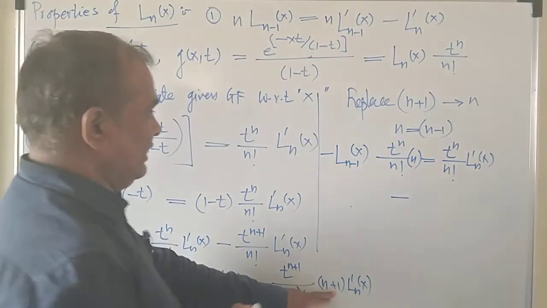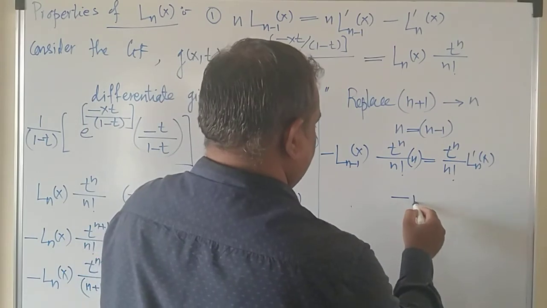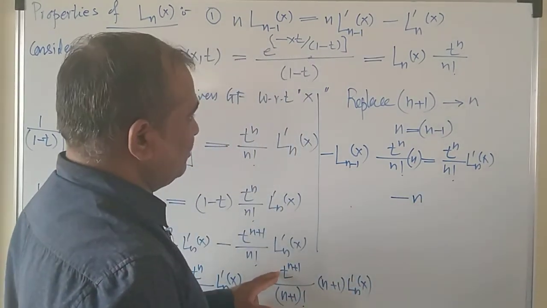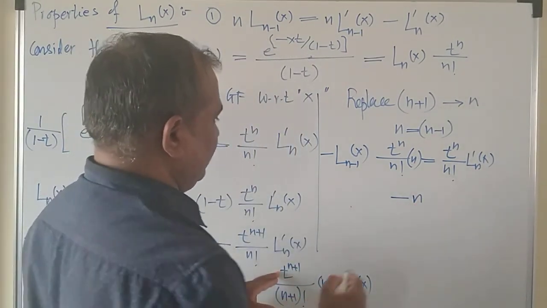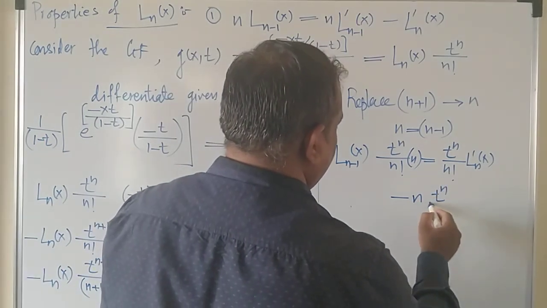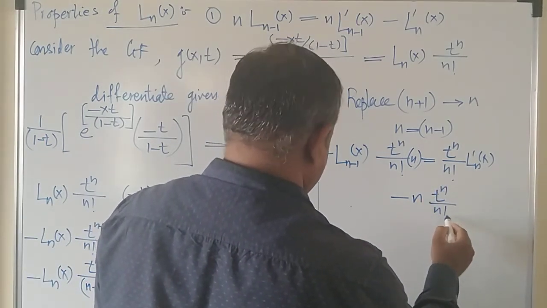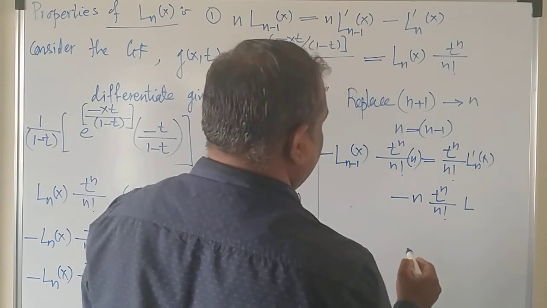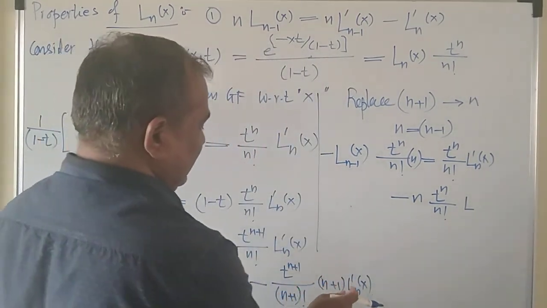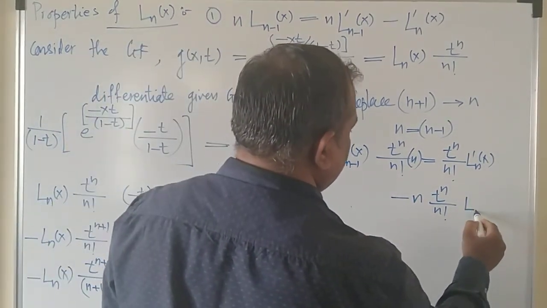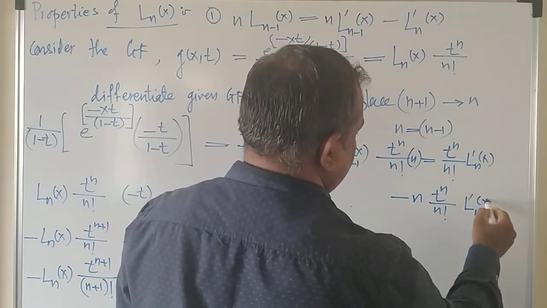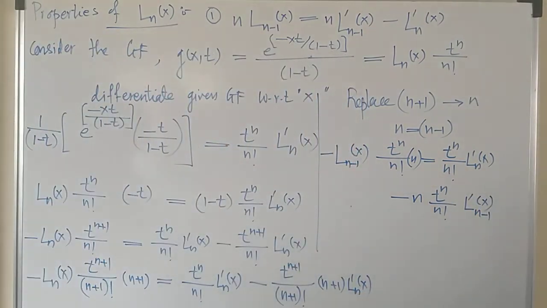So n plus 1 is replaced by n, t^n upon n factorial into L_{n-1} dash of x. Now n is n minus 1, right?